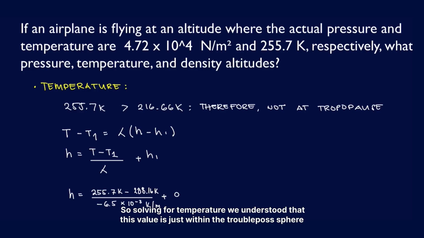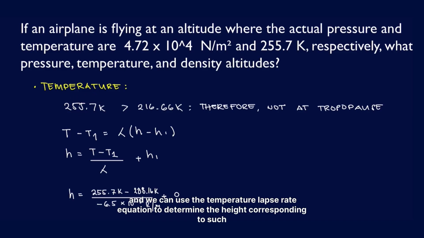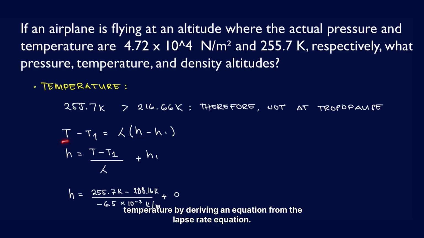So, solving for temperature, we understood that this value is just within the troposphere, and we can use the temperature lapse rate equation to determine the height corresponding to such temperature.